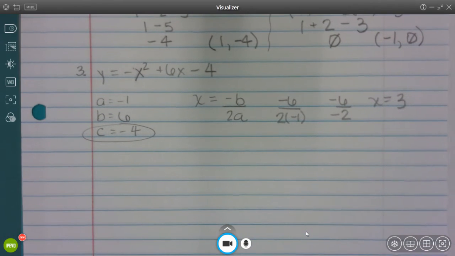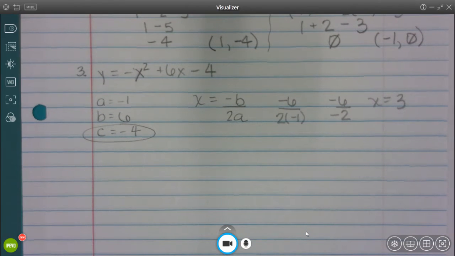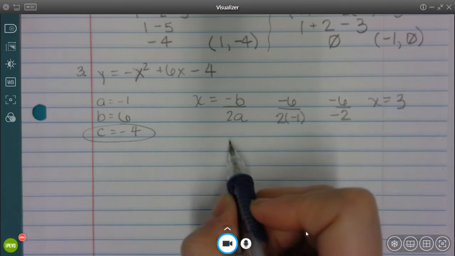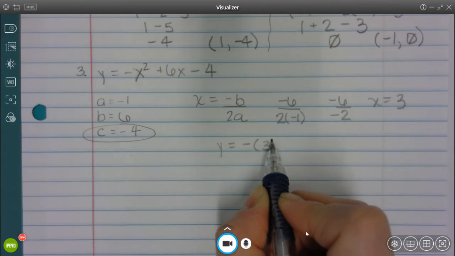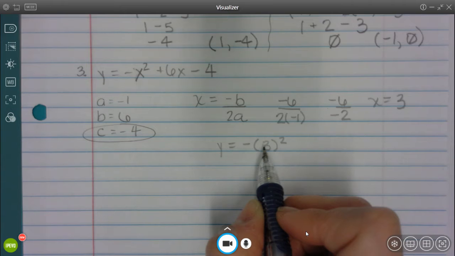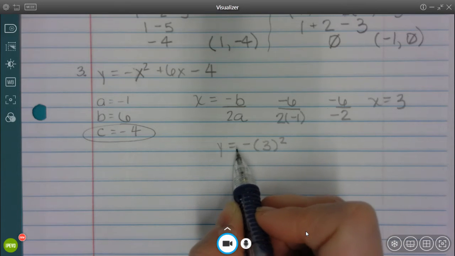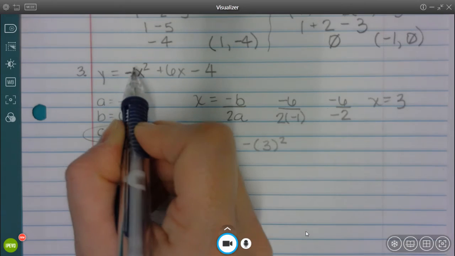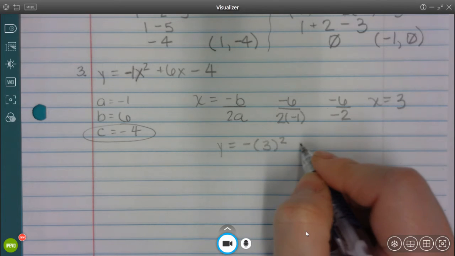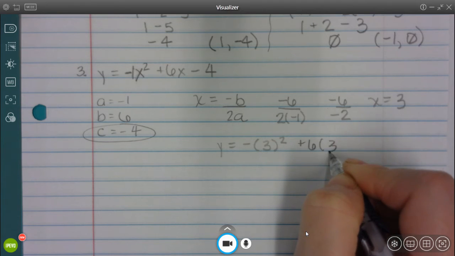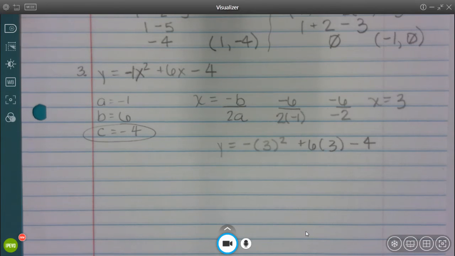Now to find my y value that will match up with that x value. So I'm going to have y equals -3 squared, and I'm going to put the negative outside of the parentheses because this is like having a -1 here that I'm multiplying after I do x squared. And then I'll have +6 times 3, and then -4.